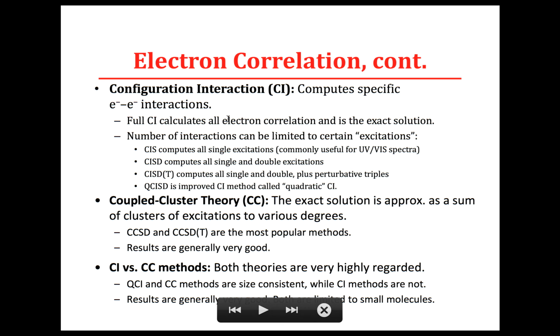CI, what this allows us to do, it's kind of hard to picture, but if you imagine having an MO diagram where you have some occupied molecular orbitals and some unoccupied molecular orbitals, we might call those virtual orbitals in the computational world. But you have your filled orbitals, your virtual orbitals. What you can then do is allow the electrons to excite or move into some of those virtual orbitals. And what that's allowing the electrons to do is to sample more of space, to spread out.